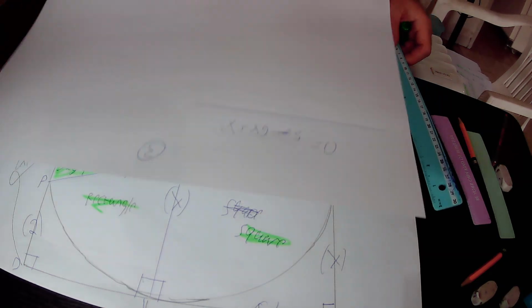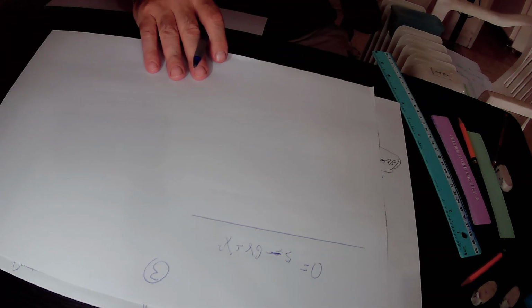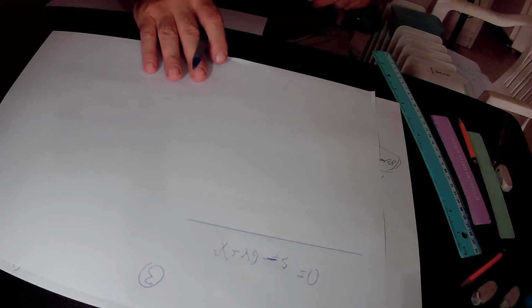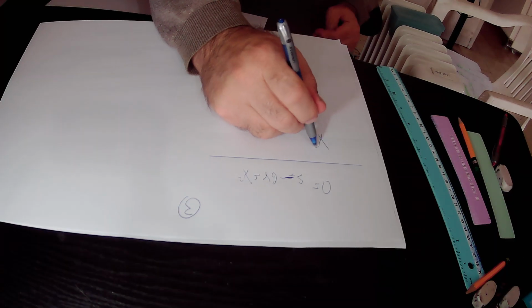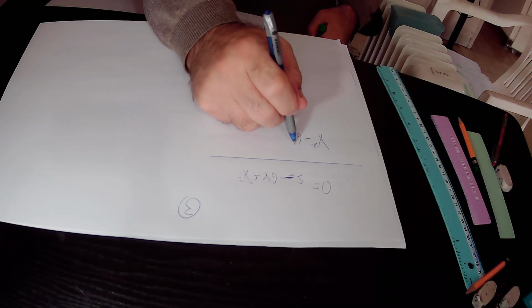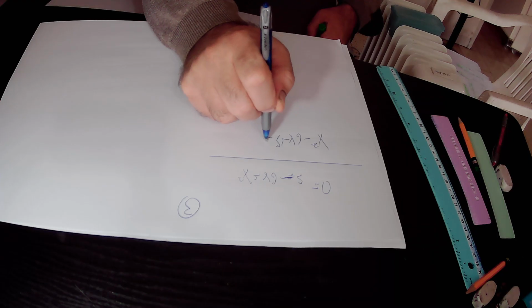So in total we have found that 0 equals 5 minus 6x plus x squared, or x squared minus 6x plus 5 equals 0.